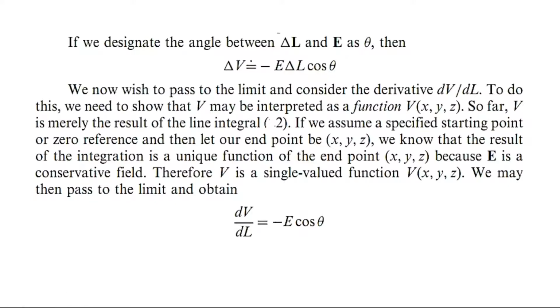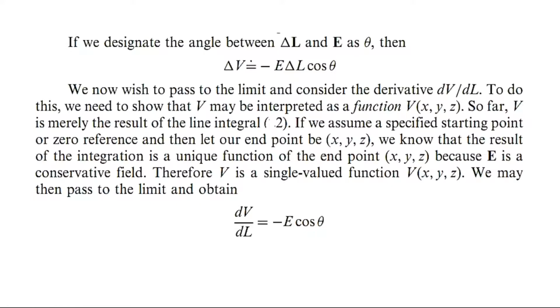Now how can we consider the derivative dV divided by dL? Remember that V is actually a function of x, y and z coordinates. So we now wish to pass to the limit and consider the derivative dV by dL. Why?